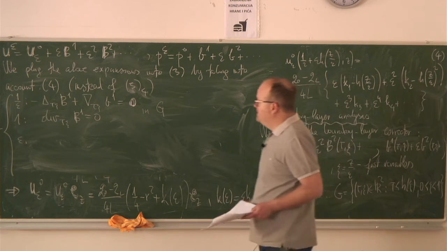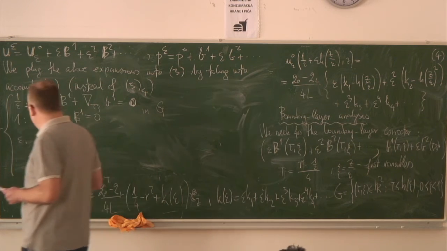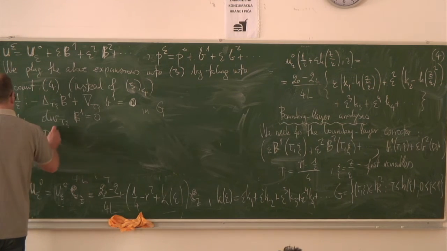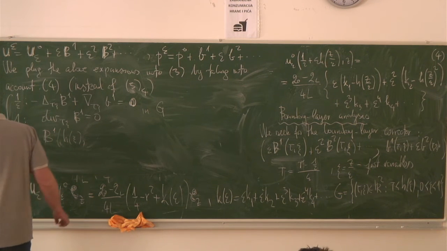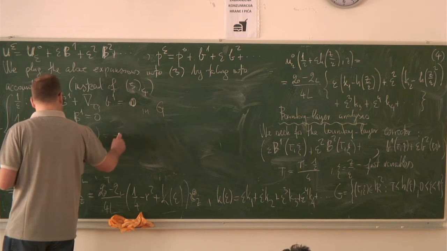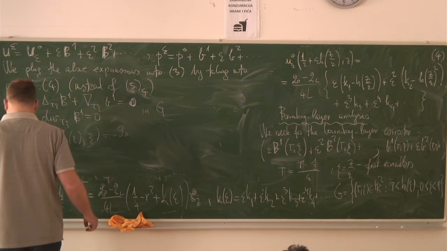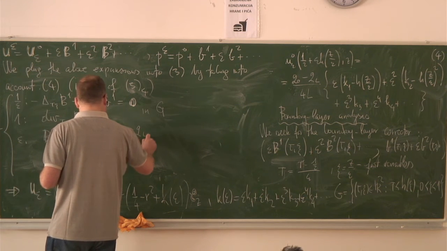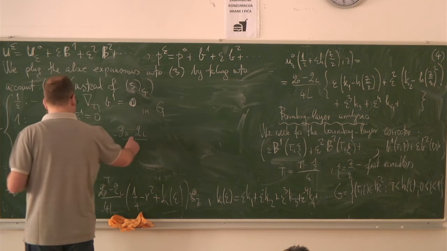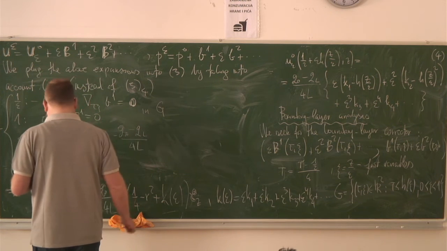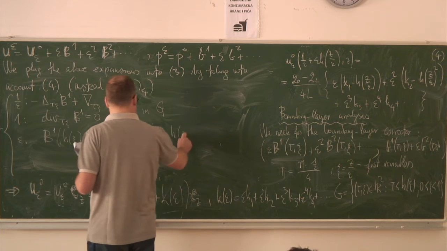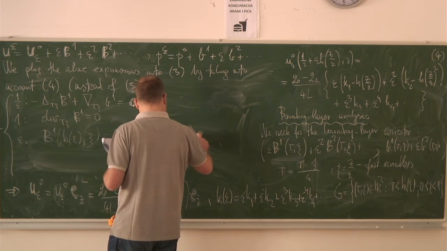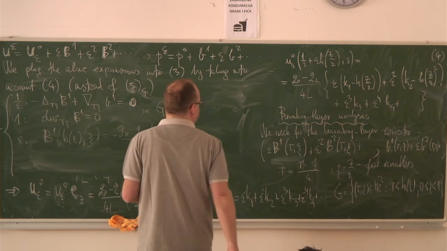So, by the term of order epsilon, we put that our first boundary layer corrector satisfies this.